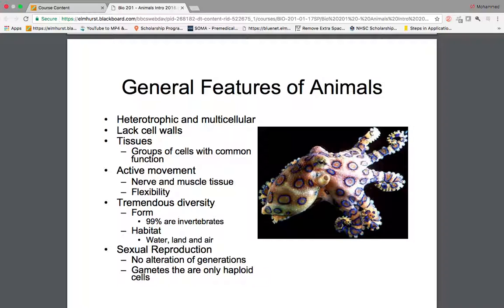Their diversity is mind-blowing. You guys have shown me that your understanding of animal diversity is limited, right? You think animals, you think things with fur and faces. That is a small diversity in terms of what's out there in animals. More than 99% of all animals that are around right now are not vertebrates. They're invertebrates.